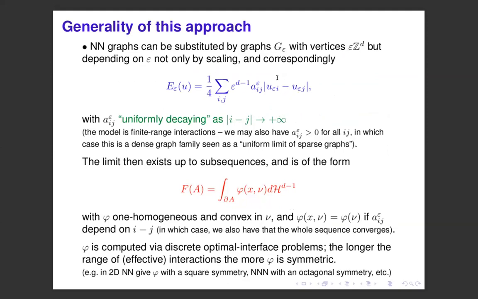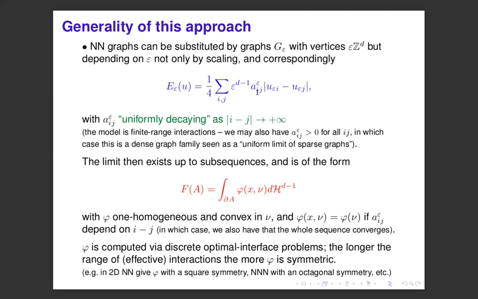So as long as we remain in this kind of setting, we can enlarge the graphs by taking not just the vertices of epsilon Z^d with nearest neighbors, but also with edges that connect other bonds.